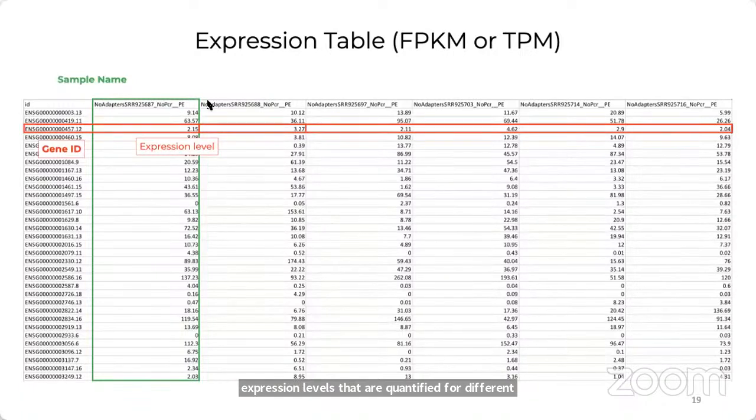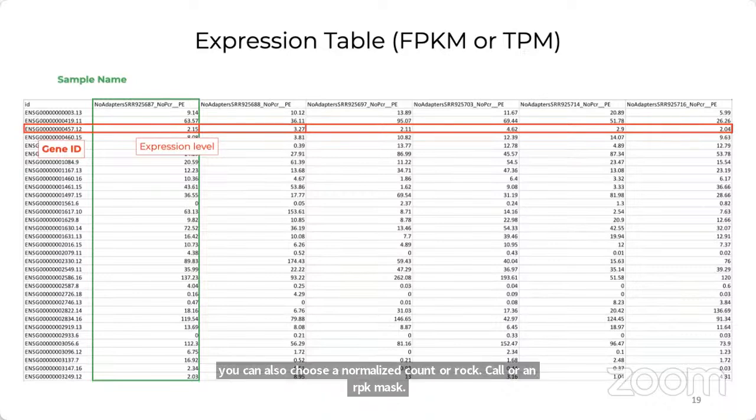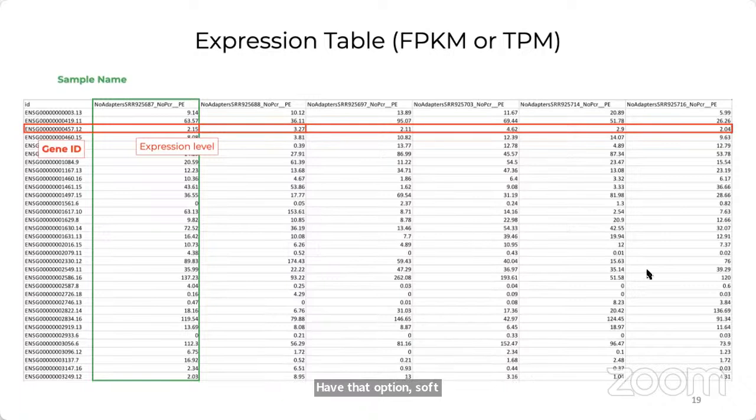So at their intersection, you will get expression levels for the type of normalization that you have chosen. In this case, it is FPKM or TPM values, and you can also choose normalized counts, raw counts, and RPKM as other normalization options that you can obtain from this pipeline of analysis.